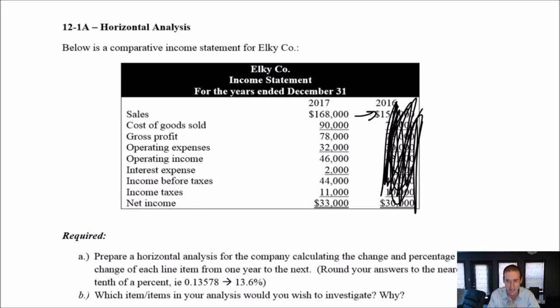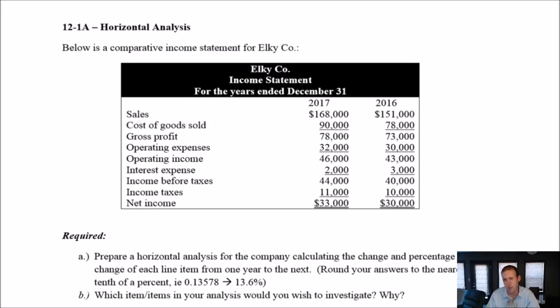There's nothing to compare to. So a horizontal analysis for a company is comparing year over year how it's doing. You're comparing one year to the previous year and saying, how did we do from one year to the next? So it's actually a very straightforward analysis.